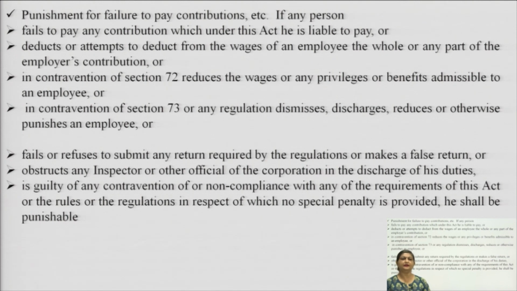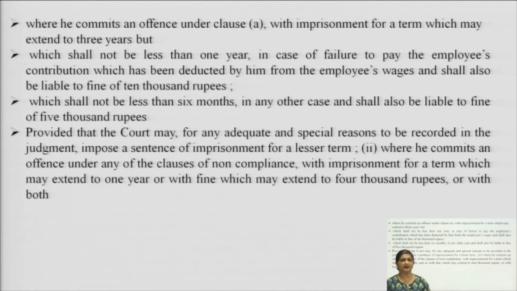or obstructs any inspector or other official of the corporation in the discharge of his duties, or is guilty of any contravention or non-compliance with any of the requirements of this act or the rules or regulations in respect of which no special penalty is provided, he shall be punishable.